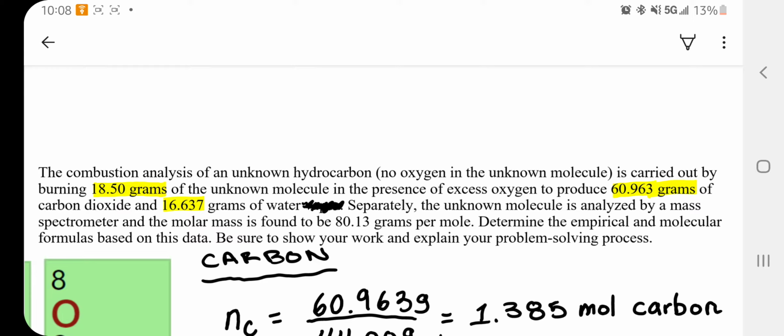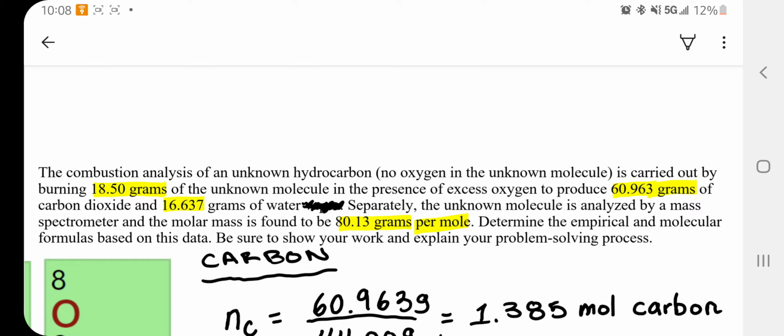Separately, the unknown molecule is analyzed by a mass spectrometer, and the molar mass is found to be 80.13 grams per mole. Determine the empirical and molecular formulas based on this data. Be sure to show your work and explain your problem solving process.